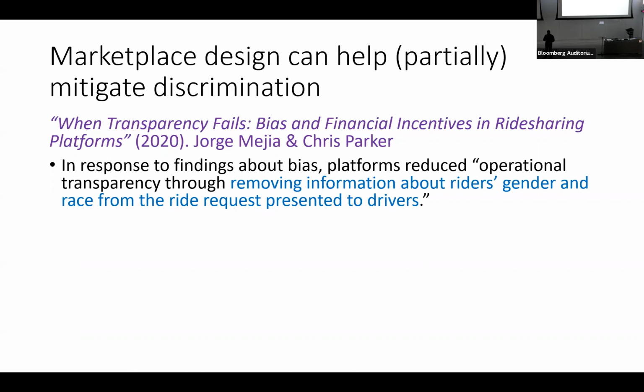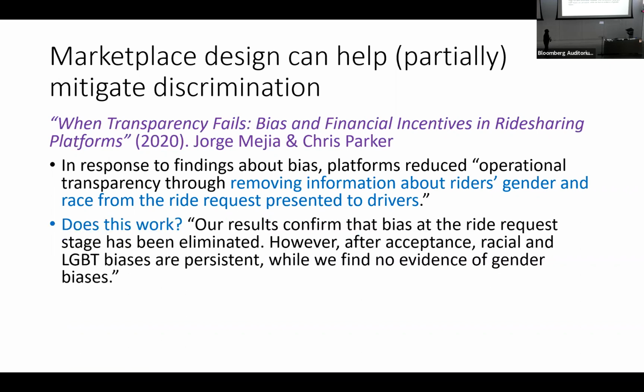Hiding the name and the image of the actual passenger until the last possible moment of pickup. So platforms reduced operational transparency by removing the information about gender and race from the ride request.